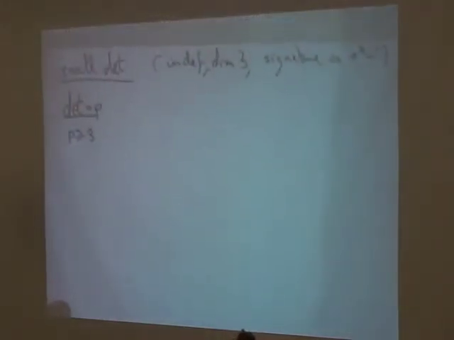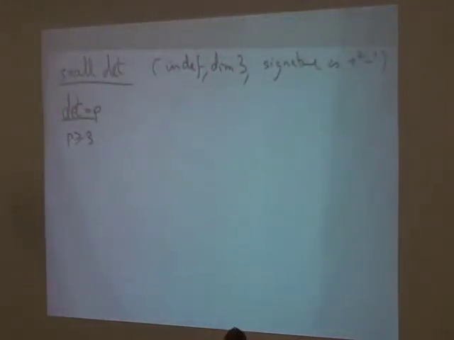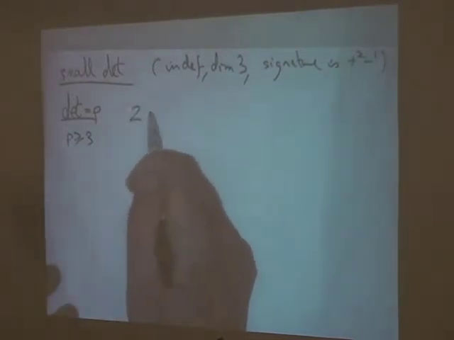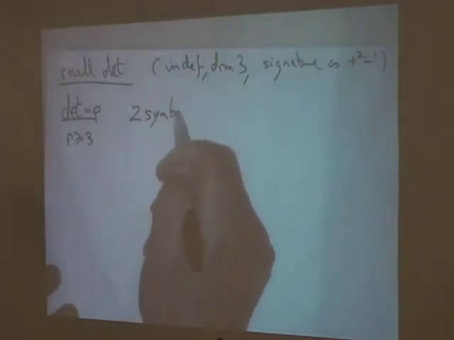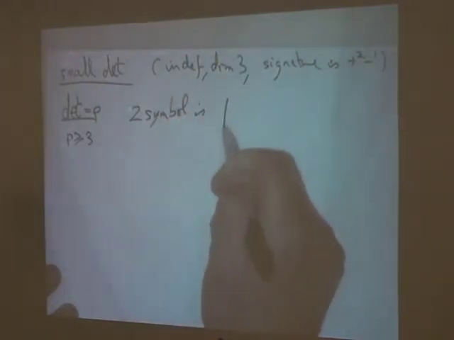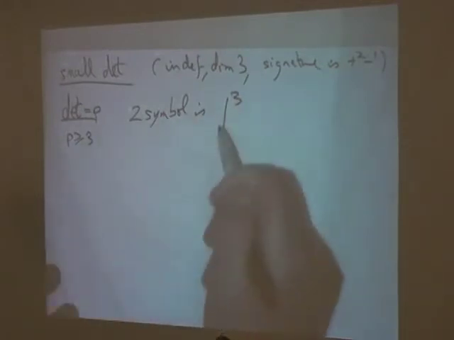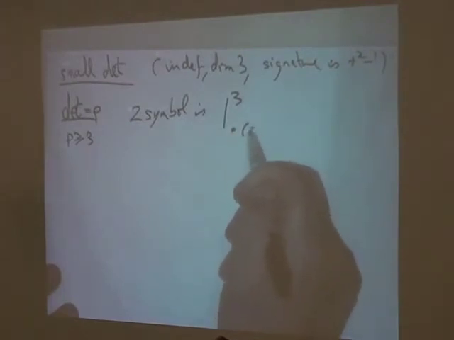Then let me just tell you, so let's take the determinant equals p, and I'll take p greater than or equal to 3, and p always means prime for me. Well, the 2 symbol is 1 to the 3. Now, it's necessarily type 1, so I'll put a dot there, which means not equal to infinity.